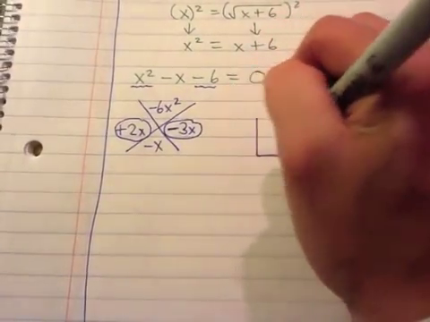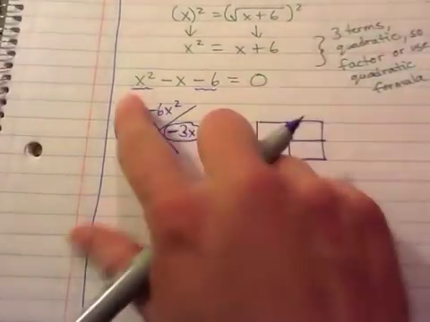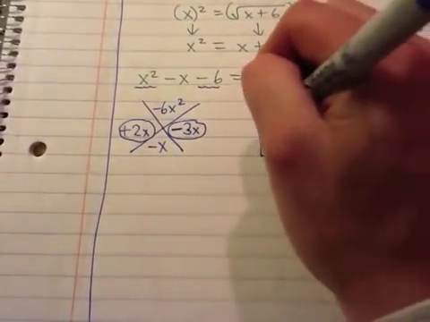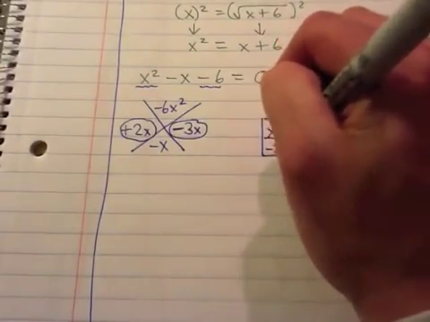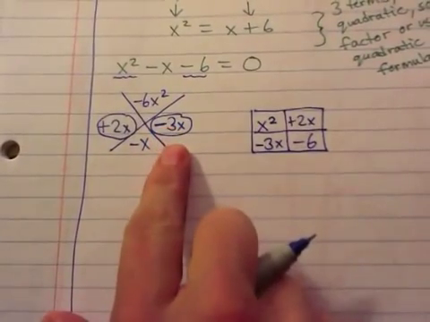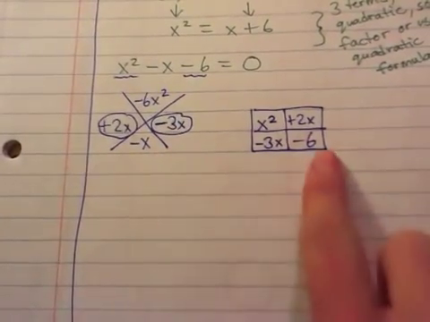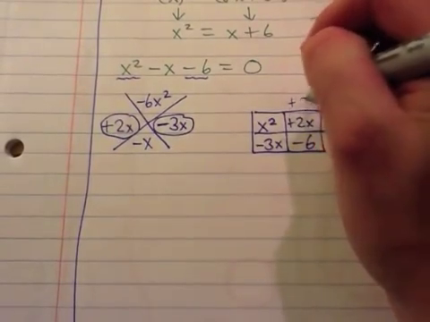So I set up my rectangle. Hopefully some of you have found the shortcut when there's no a now. I have x squared plus 2x minus 3x minus 6. Those 4 terms. Pull out common factors. Common factor here is 2.